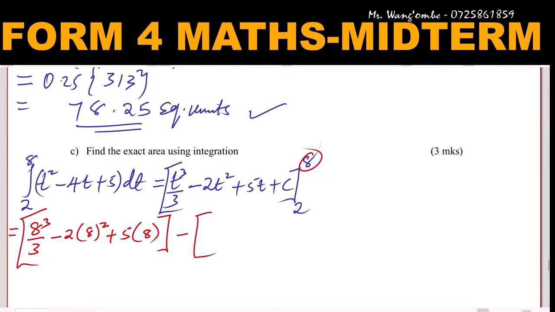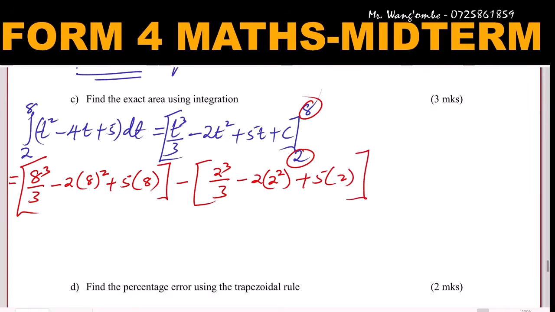Now substitute 2. So that will be 2 cubed divided by 3 minus 2 times 2 squared plus 5 times 2, like that. Now you can use a calculator to work out these. 8 cubed divided by 3 will give 512 divided by 3, and this one will be 128, then plus 40.